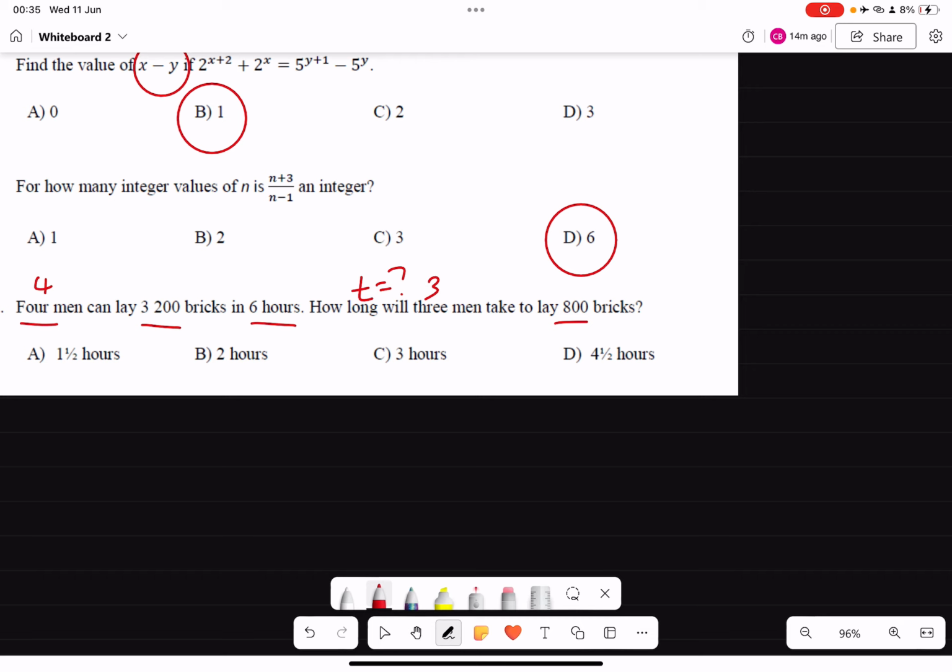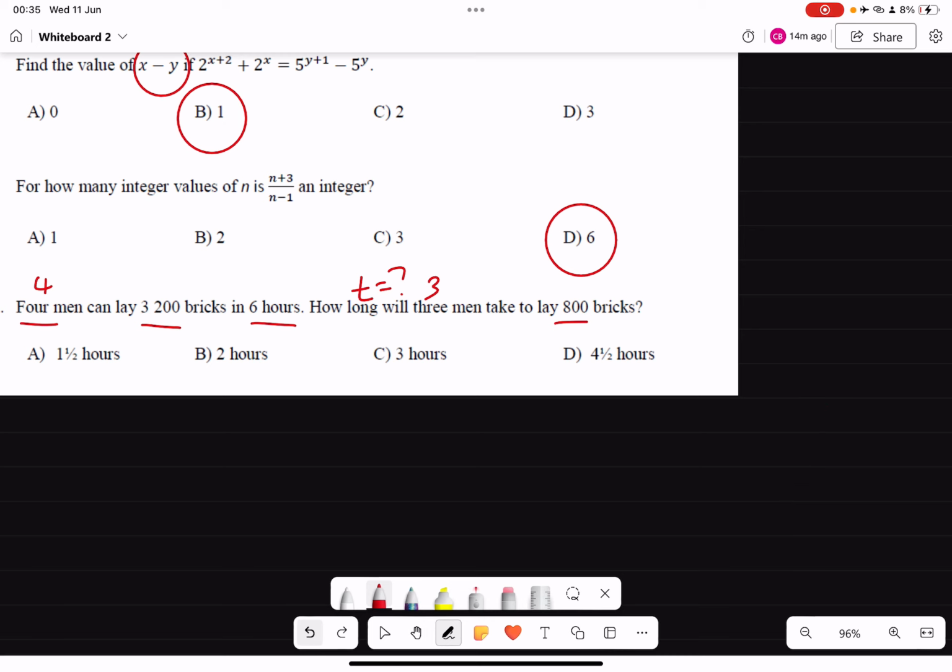So here, ladies and gentlemen, the first thing we need to know is how many bricks one man lays in 1 hour. We are basically assuming that the men work at the same rate.